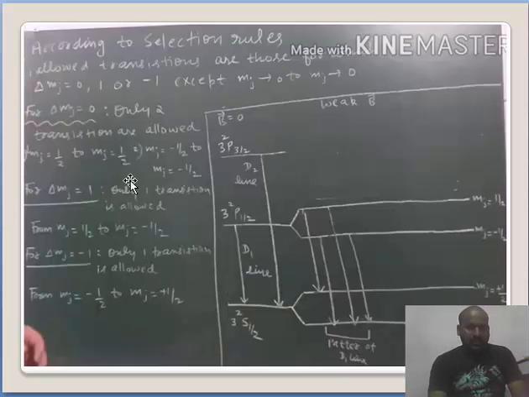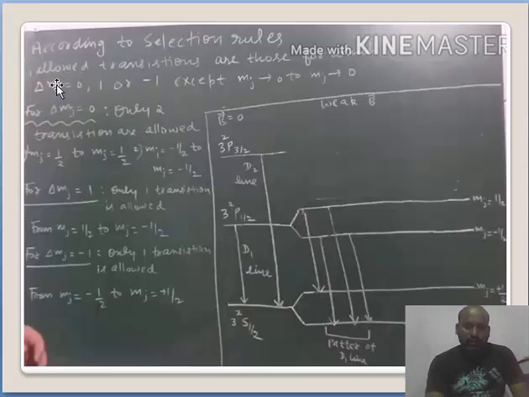So how do we learn that? When the transition is from +1/2 to +1/2 and we subtract the two values, +1/2 minus +1/2 is 0. When the transition is from -1/2 to -1/2, the plus and minus again cancel, so again we get the value 0.